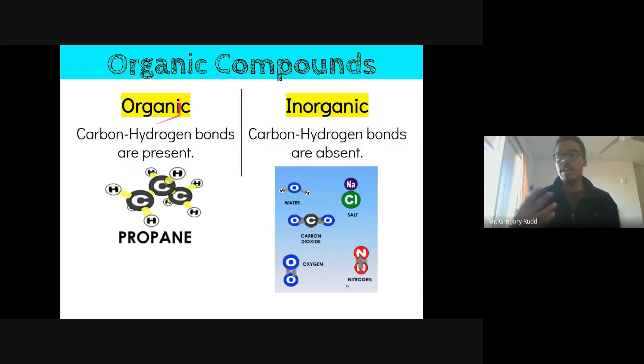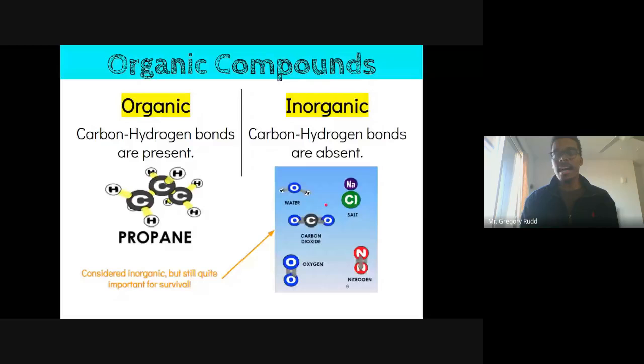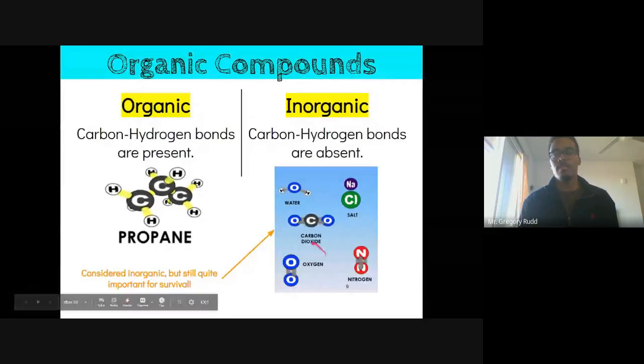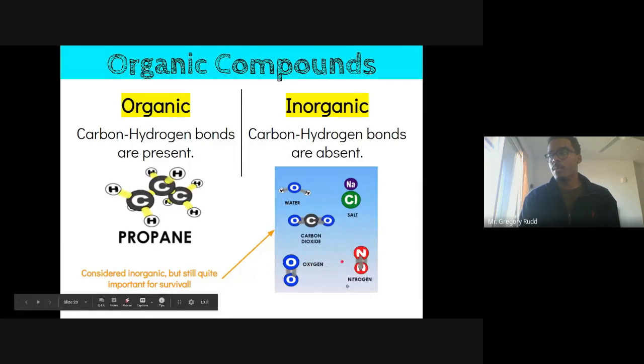Now, inorganic compounds, as we can see, are still really important to life. We need oxygen in order to do respiration, to make energy. 78% of the air that's outside is nitrogen.